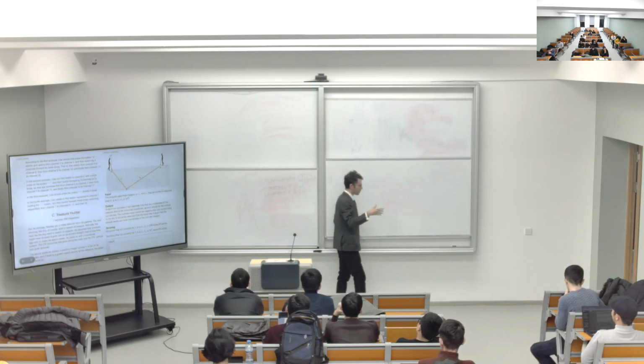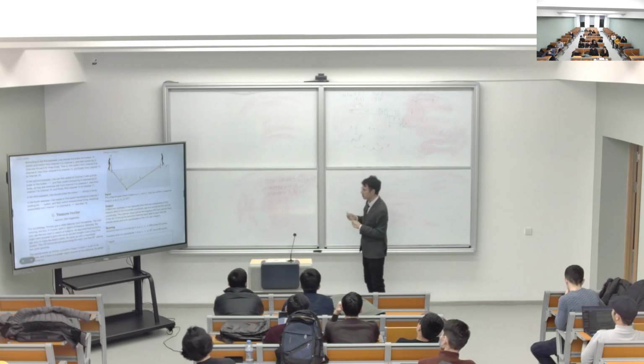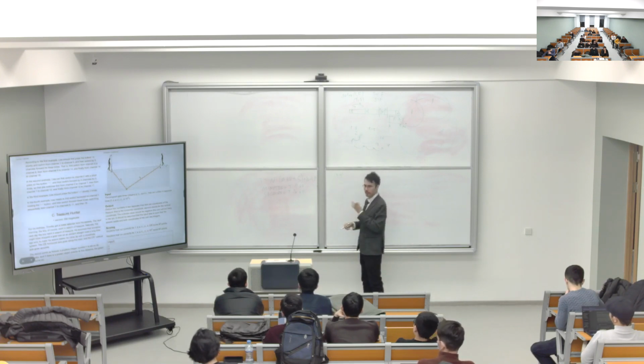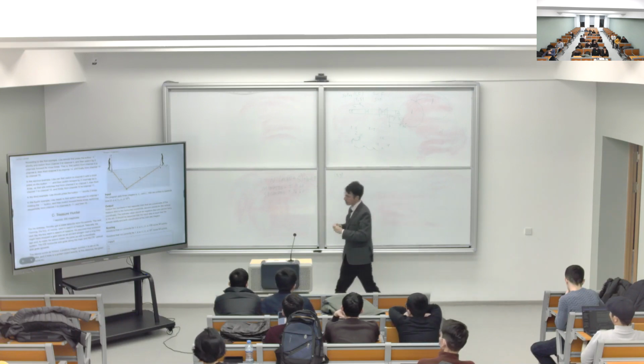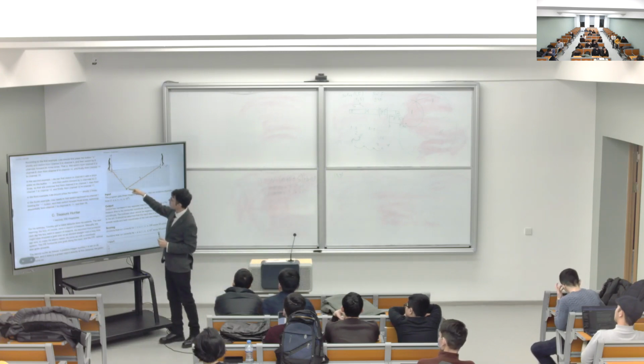Let's write the equations. So we have a point with coordinates x and y. This is the treasure we're looking for. So now we know that x and y, this point, is located at the distance r1 from 0.